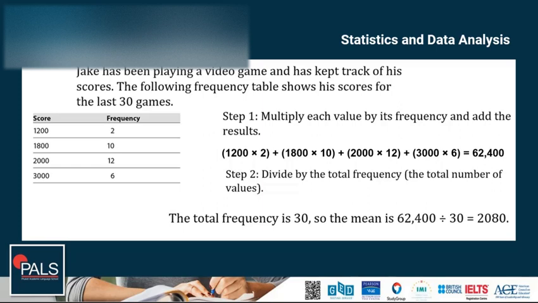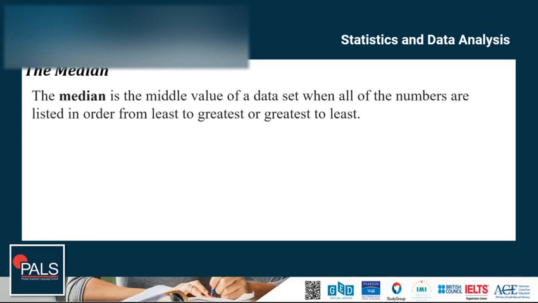Now let's continue with the median. The median is the middle value of a data set when all of the numbers are listed in order from least to greatest or greatest to least. How it is calculated depends on how many values are in the data set.